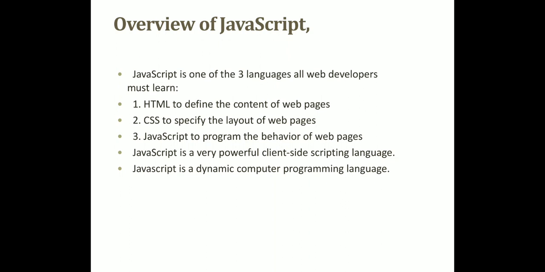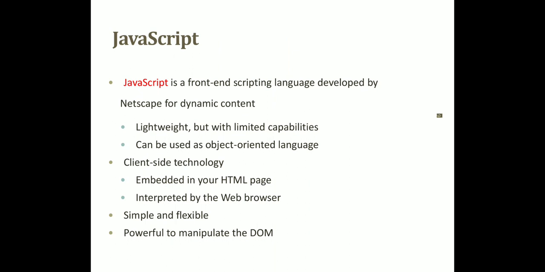So this is the overview of JavaScript. JavaScript is a front-end scripting language developed by Netscape for dynamic content. In the last session we saw front-end tools, and in this session we are overviewing the front-end language.